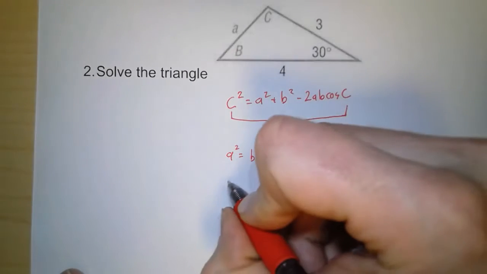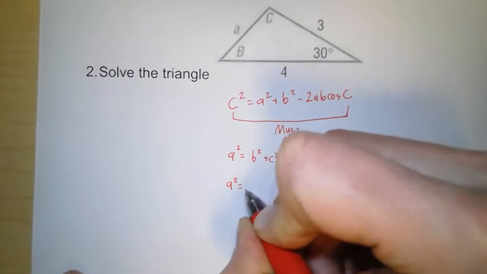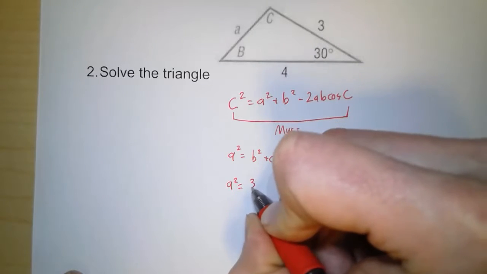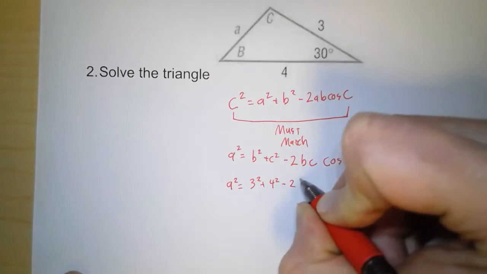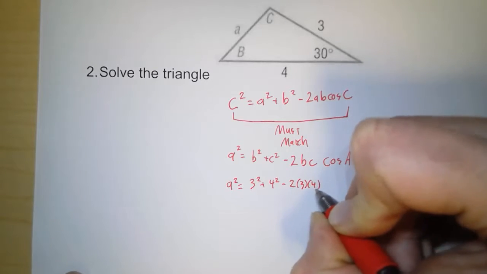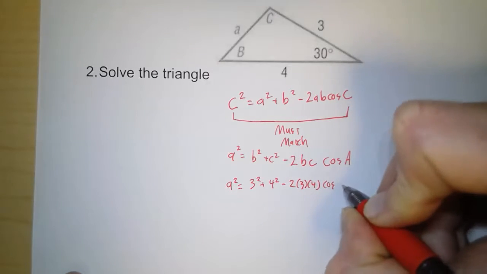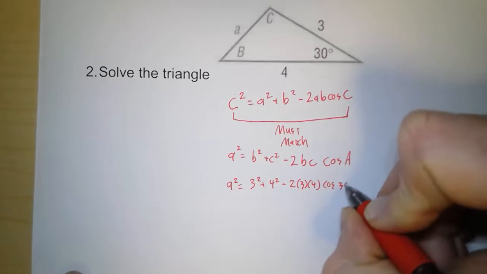So a we don't know. Now b is 3. So 3 squared plus 4 squared minus 2 times 3 times 4 cosine of A, which is 30 degrees.